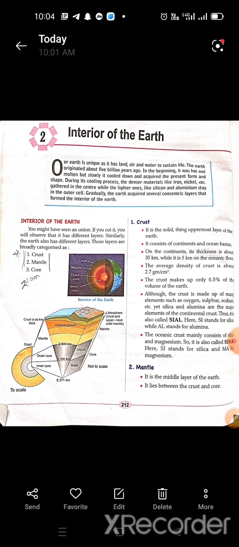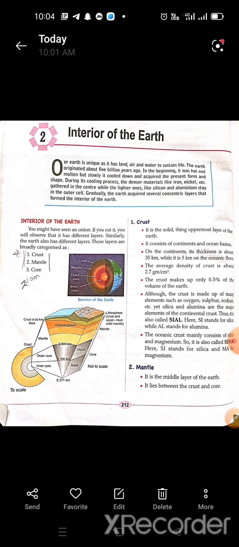On the continents, its thickness is about 35 km, while it is 5 km on the oceanic floor. So its thickness is less in the oceanic floor and more in continents. The average density of crust is about 2.7 gram per centimeter cube.